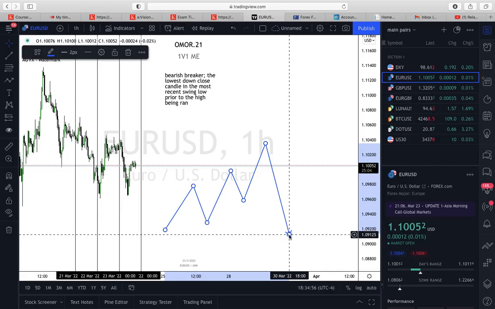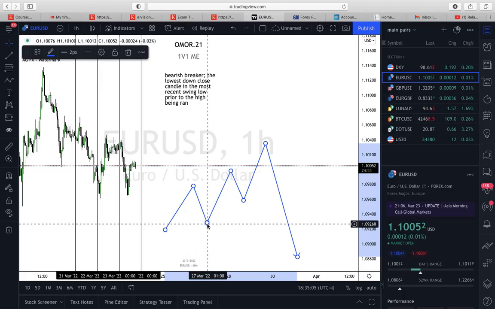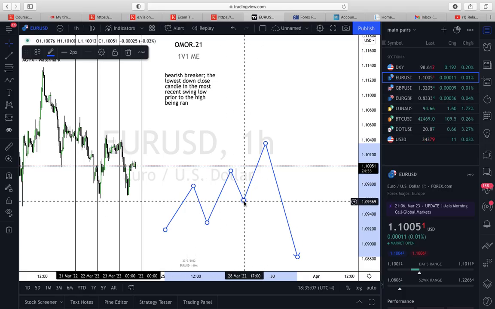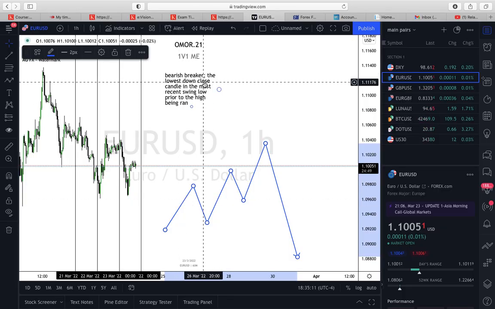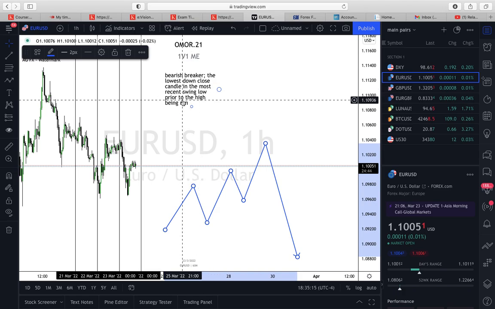Let me put this more down. Which one is the breaker that you're expecting price to trade to before reacting off again? Is it A or is it B? The lowest down close candle in the most recent swing low prior to the high being run.